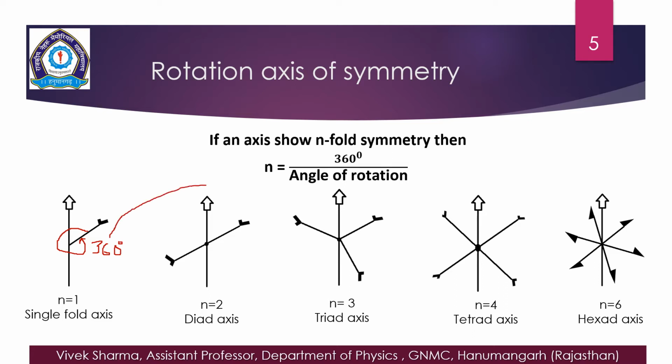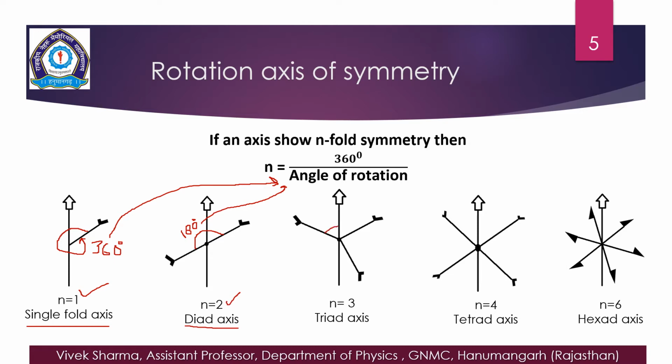If I put this 360 degrees here, then n becomes 360 by 360, that is 1, n equal to 1. It is a single-fold axis. And if there exists some other axis for which the crystal can be rotated through 180 degrees to obtain the identical structure, then if we put 180 here, n becomes 2. It is defined as a dyad axis.